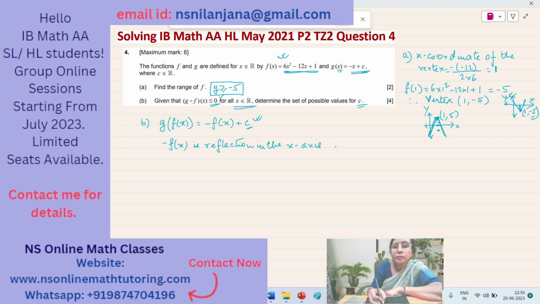Therefore, the reflected coordinates of the vertex are 1 and 5.